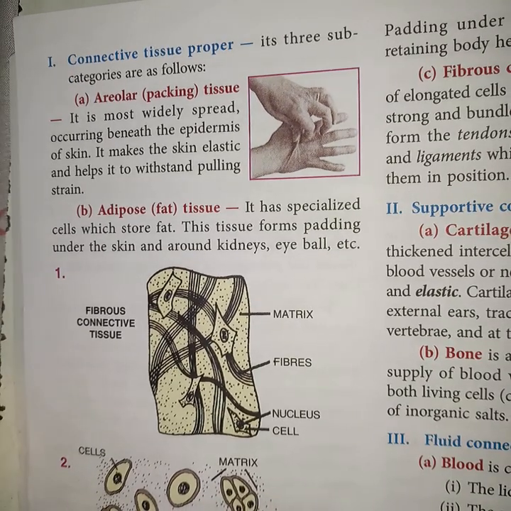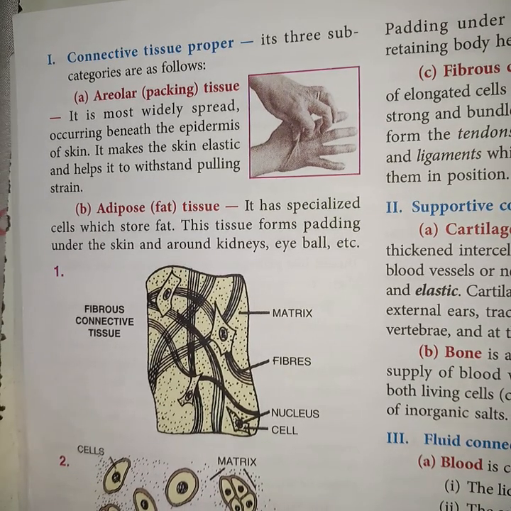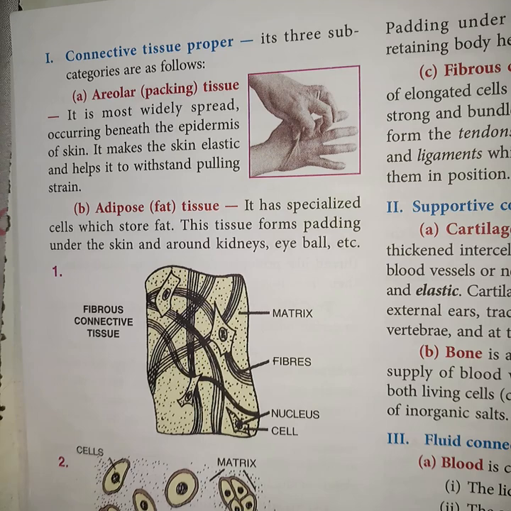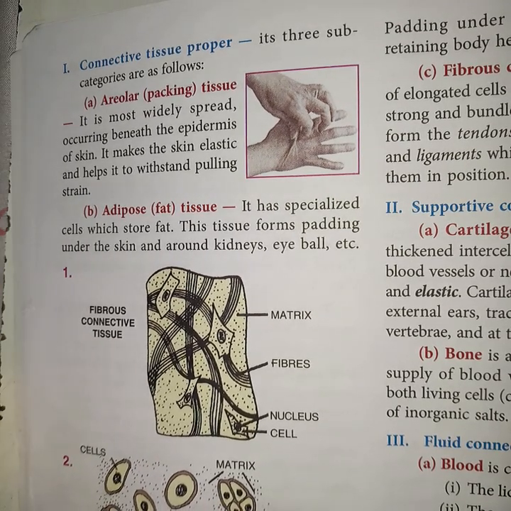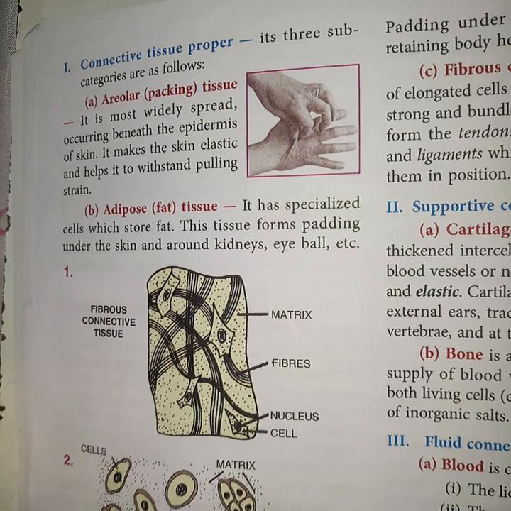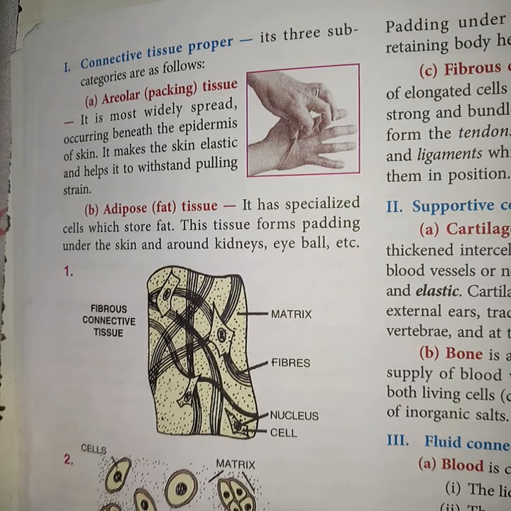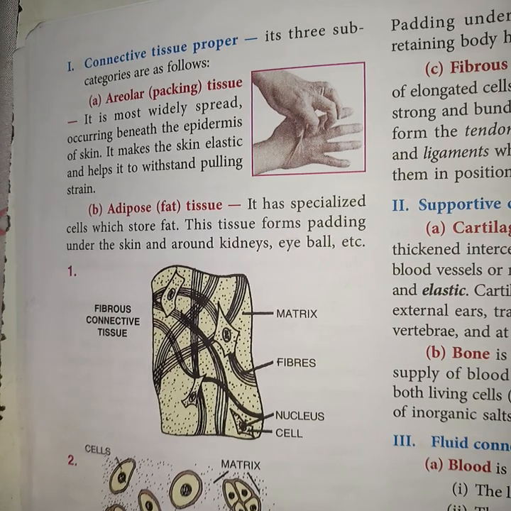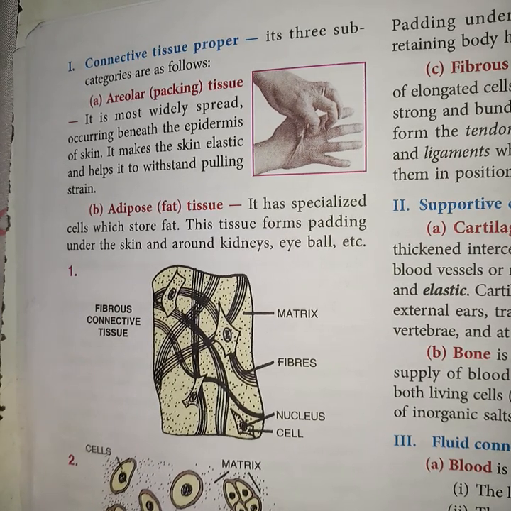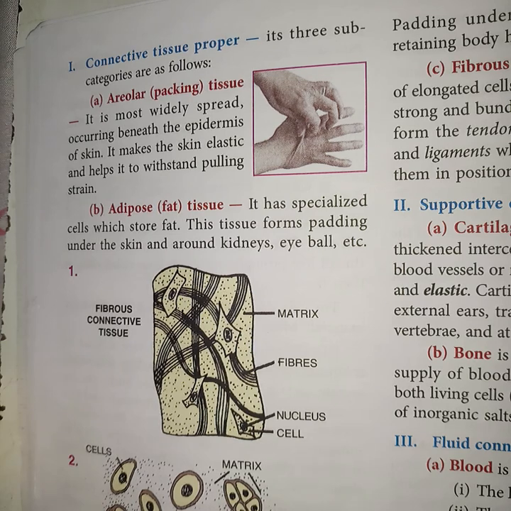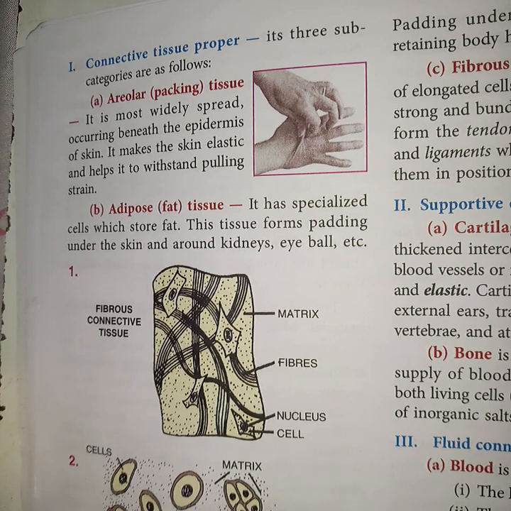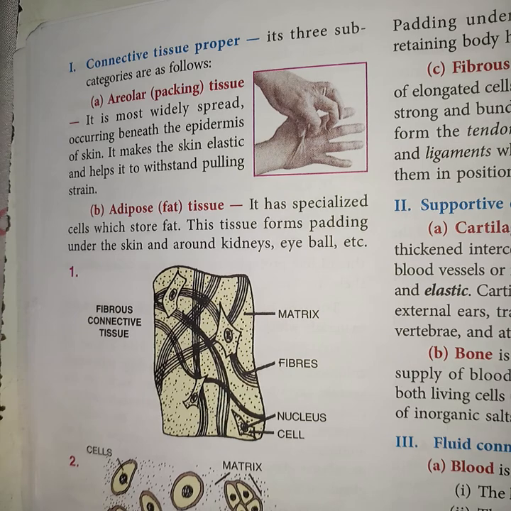When fats are deposited in the adipose tissue just beneath the skin, it acts as an insulator that prevents the escape of heat from the body. That's why an obese person feels hotter than a thin, slim person. Understood, all of you?